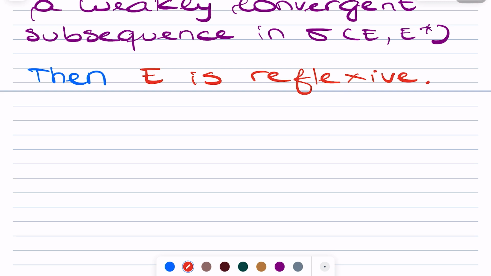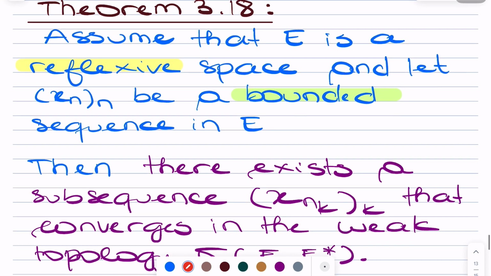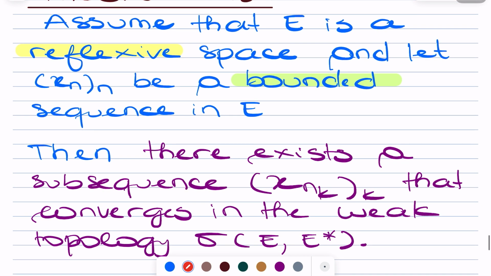As I said earlier, we are not going to prove them. In fact, the proof of Theorem 3.18 actually requires a reduction to separable spaces, which will be our target in the next video.